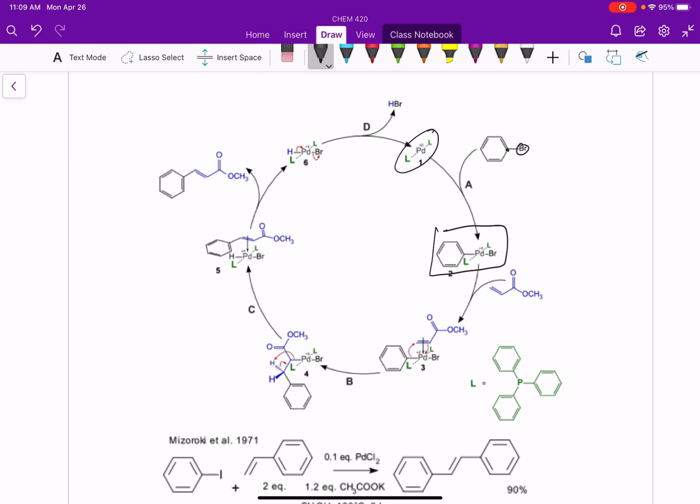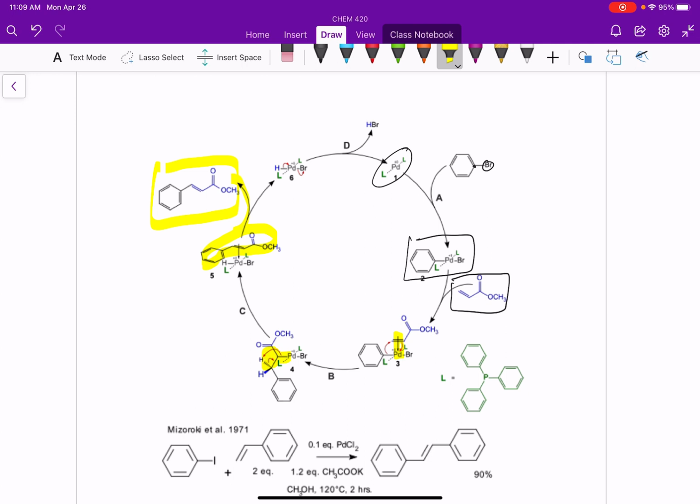Your alkene will then associate with the palladium complex, and then the palladium will bind to your carbon atom. Then it abstracts a hydrogen, so the alkene is now associated with it, and that falls off to get your final product. That's really the catalytic cycle you see for the Heck reaction.